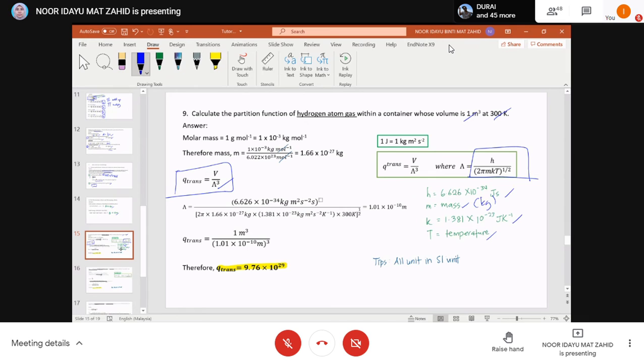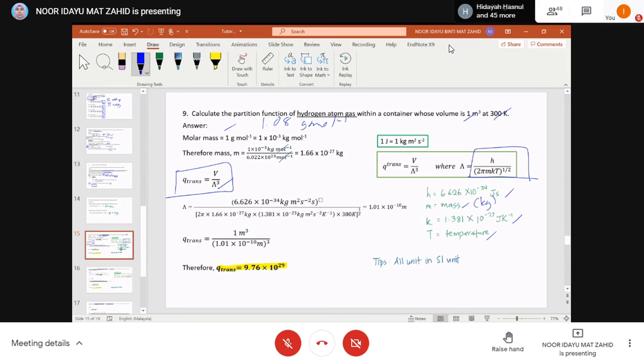I give a hint here: hydrogen atom means that it's one single atom, it's not hydrogen gas H2. So for the molar mass of hydrogen atom, you can use 1 gram per mole or 1.008 gram per mole. I accept both. Converted to SI unit, it would be 1 times 10 to the power of negative 3 kilogram per mole.